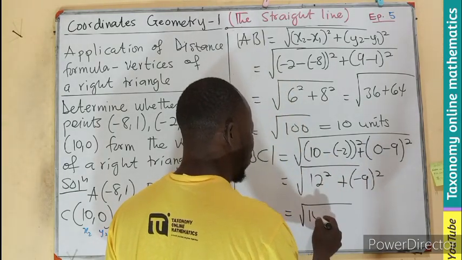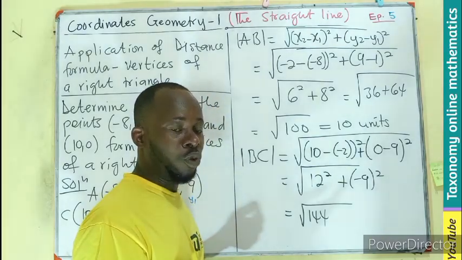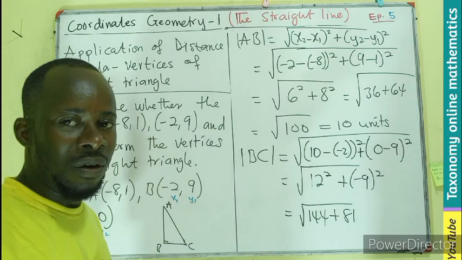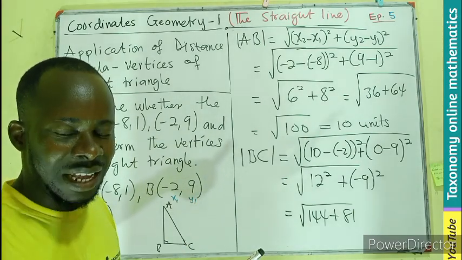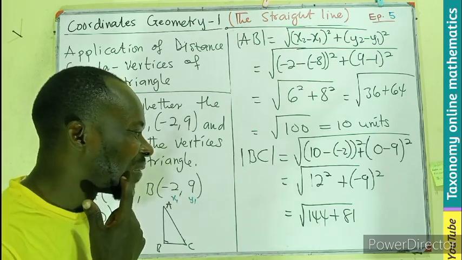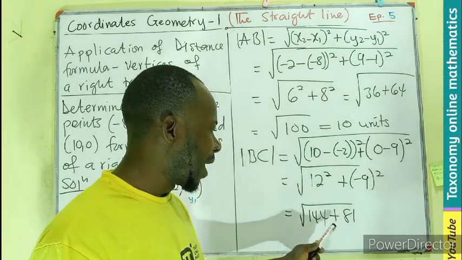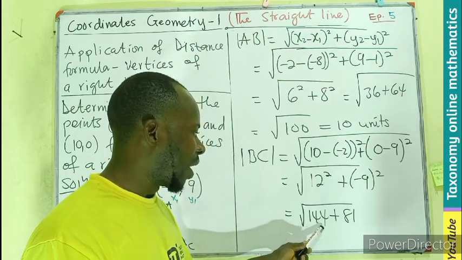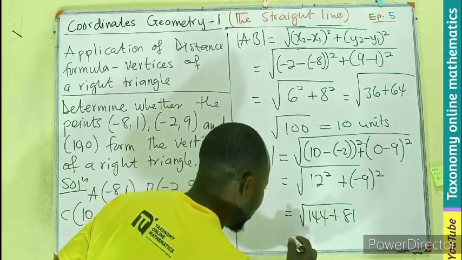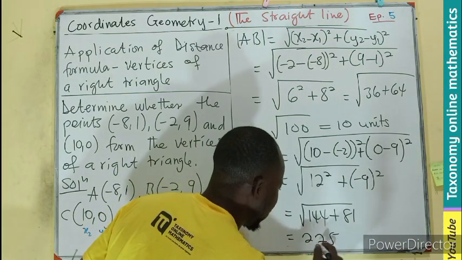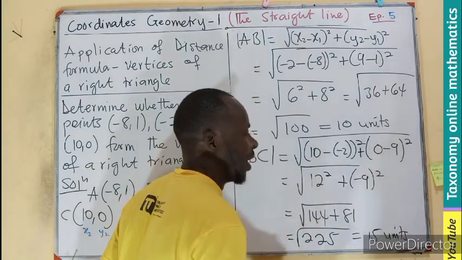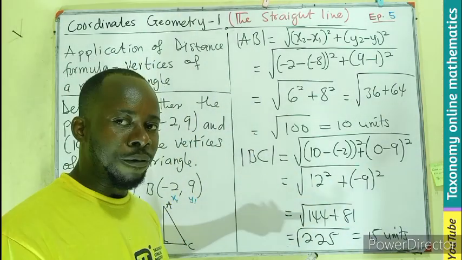I'll have 144 as the square of 12, then 81 as the square of 9. Don't forget it's negative 9 times negative 9, that gives you a positive 81. So 144 plus 81 gives 225. 225 as the root, I can get my 15 units, or I can leave it as the root of 225.